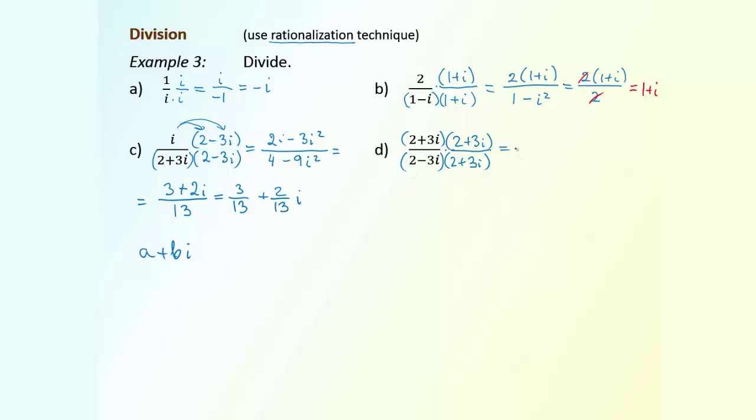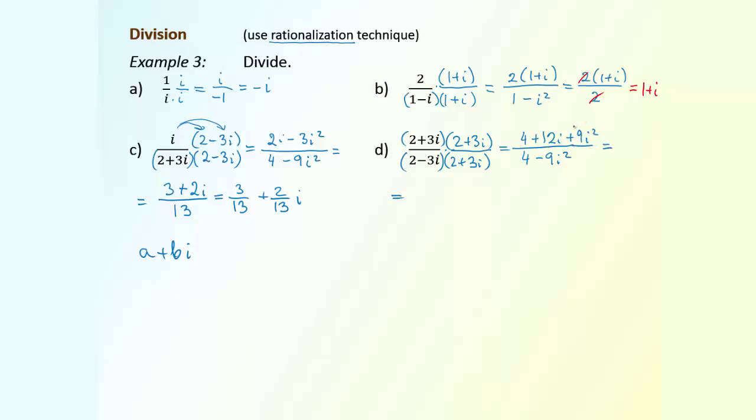In the bottom, as before, we have 4 minus 9i squared. In the top, we can actually perform the perfect square formula. So square of the first, it's 4, plus double the product, 12i, plus square of the last, which is plus 9i squared.